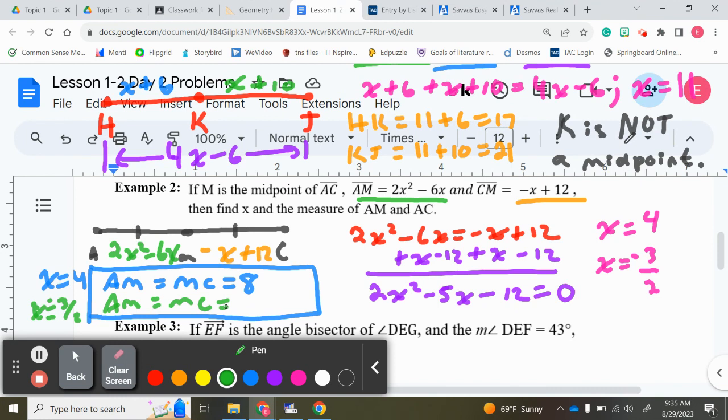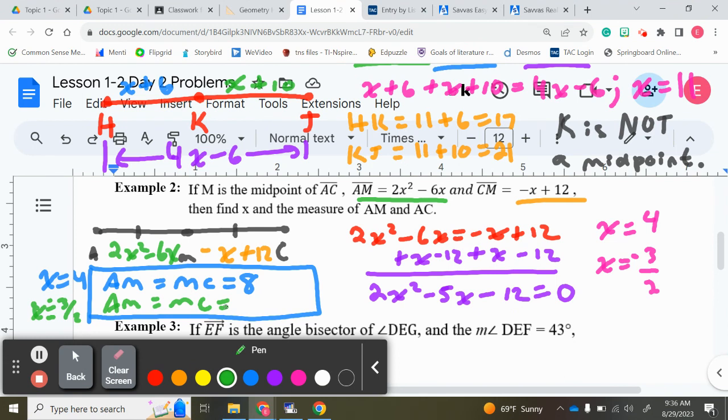What do we get? It's okay if it's a decimal or a fraction or whatever. What do we get? Should be pretty easy, especially if you just use this one, right?